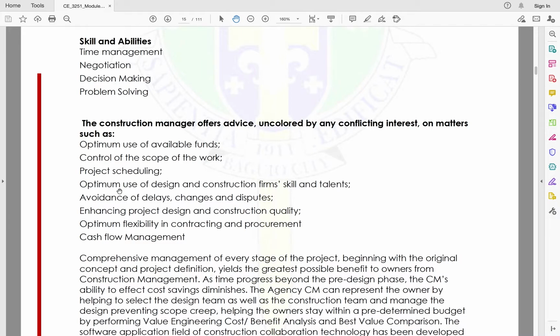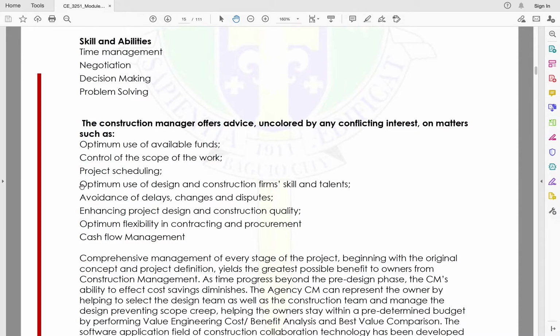Like for example, the desire of the project is to be delivered by 2 years. So kailangan pag-usapan yan and kailangan napaplano, and as a construction manager, dapat meron kang advice. Okay, nakakapag-advise ka ng iyong point of view from experience and knowledge.